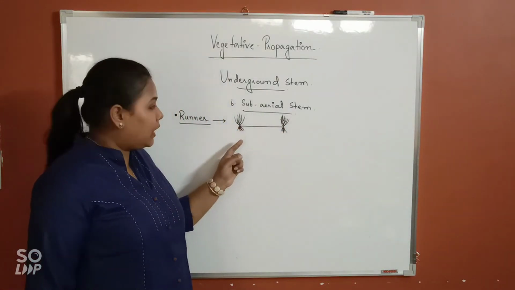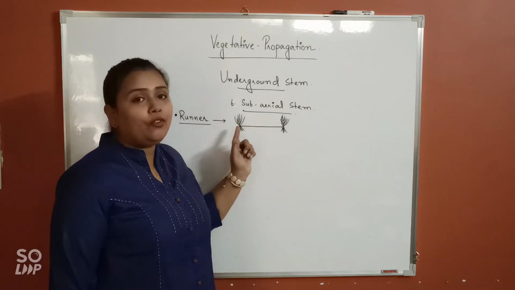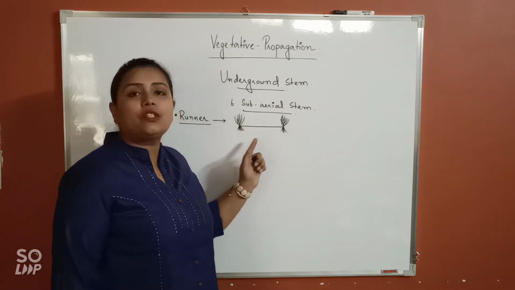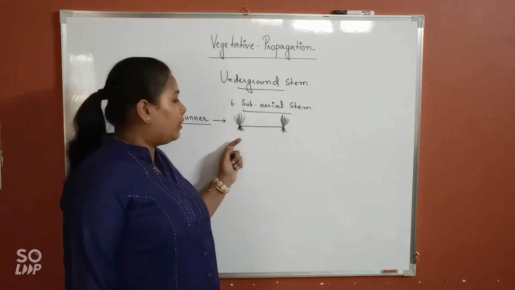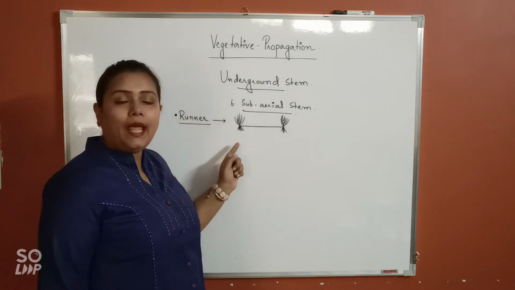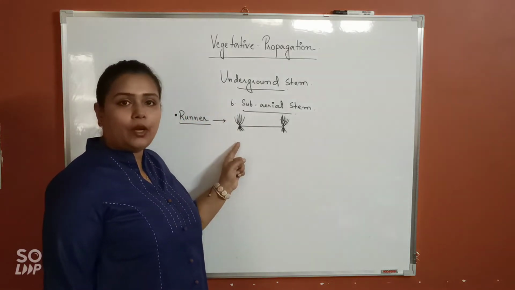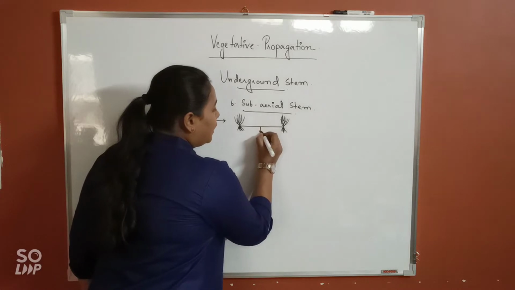From each node above, there will be a cluster of leaves that would be arising, which is known as crown, whereas below it would remain adventitious roots. Alright, so this being the runner.